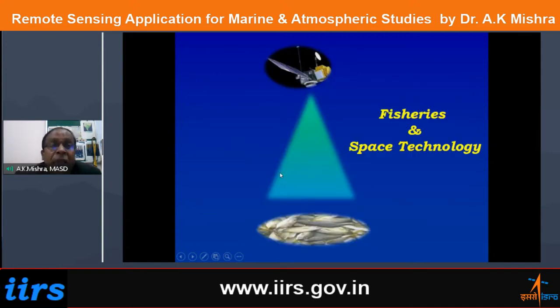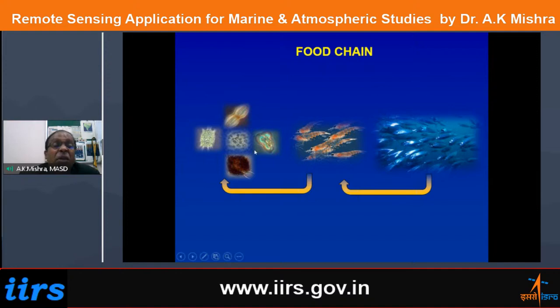Other than the climatological studies, the sea surface temperature data can be used for detection of potential fishing grounds. That is, wherever the phytoplankton is more, the zooplankton segregate and fishes consume the zooplankton. So the area having high primary productivity or high phytoplankton concentration will give you an idea of potential fishing grounds.